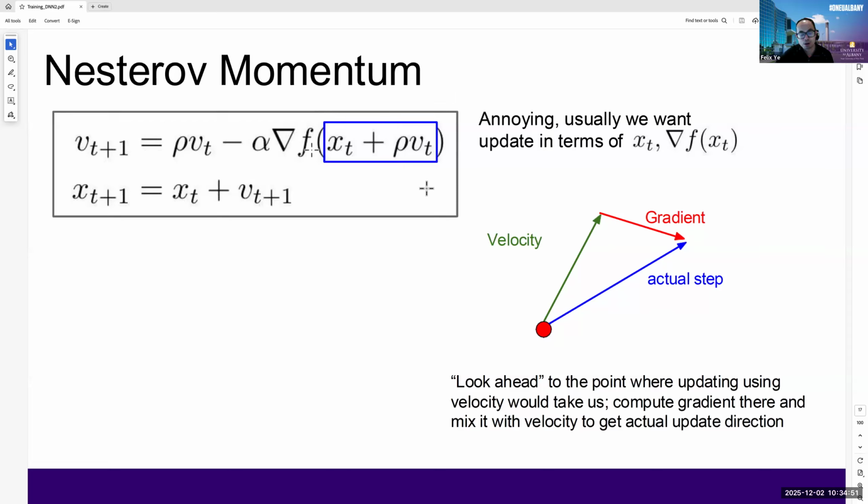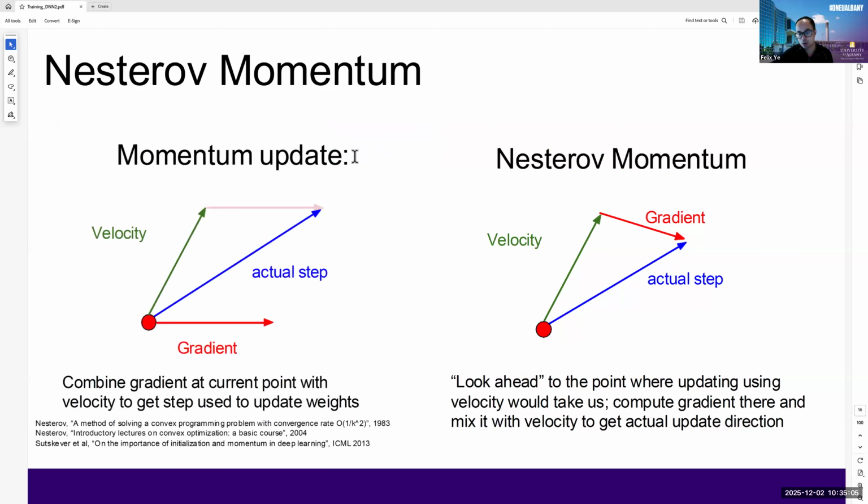So for this point right here, we hope it has better gradient information than xt itself. That's what we are doing here: we are not taking the current gradient. We are looking ahead to the point that the velocity will take us. So this is the gradient using hypothetically the future point, and hopefully we can get a better result.